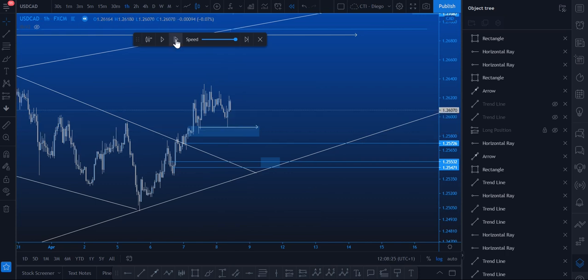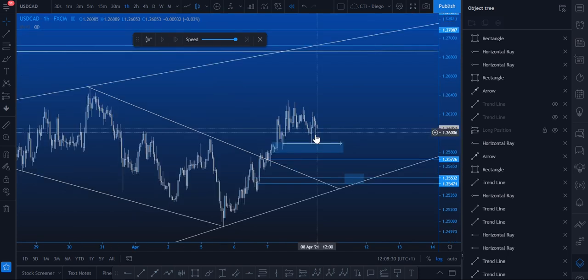So what's happened next? Price is now dropping towards the double bottom entry. Surprise, surprise. So if we start doing some technicals, we can see that my plan A could potentially happen.